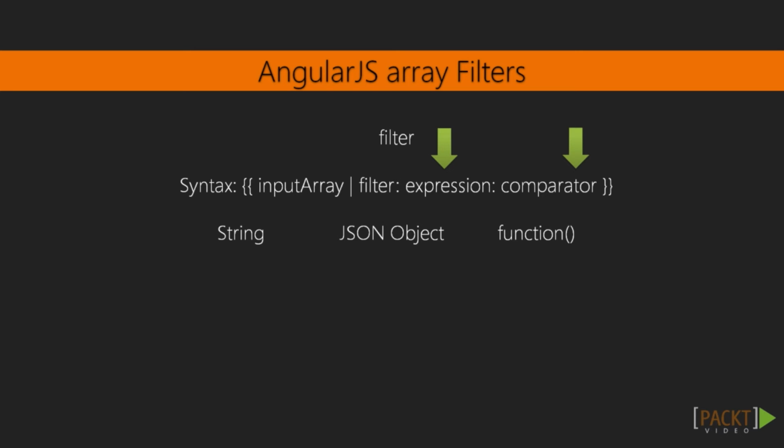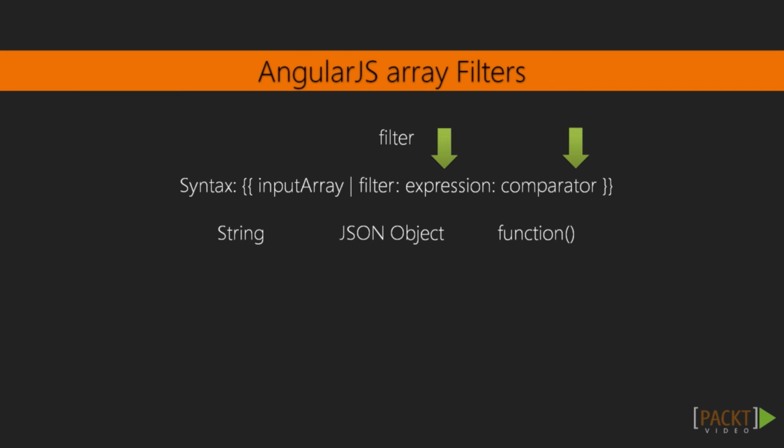The expression can also be an object that will be used to filter specific properties of objects contained by the array. And lastly, it can be a function that you can use to write arbitrary array filters. The function is called for each element of the array. The final result is an array of those elements that the provided function returned true for.